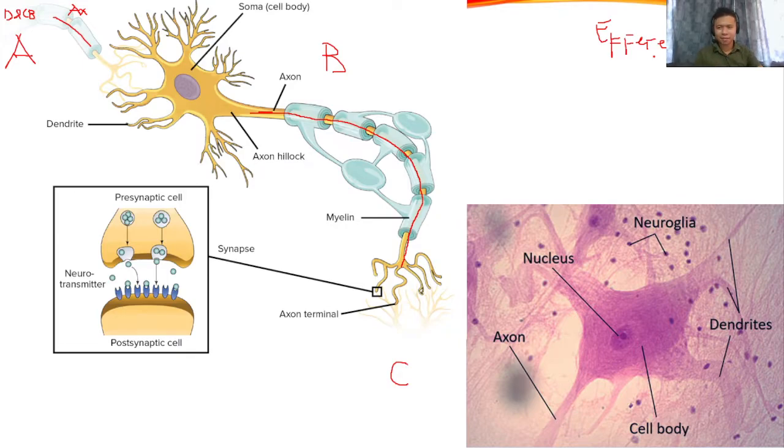So let's say, for instance, nerve cell A receives information and sends it to nerve cell B, to nerve cell C, until such time it arrives at the efferent neurons. These neurons are usually the effector neurons, which allow us to act on something.